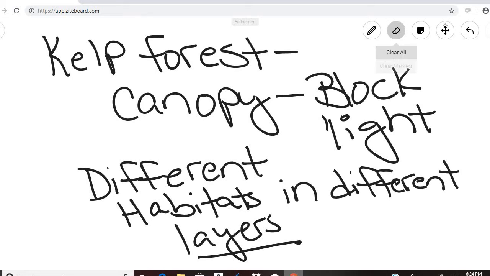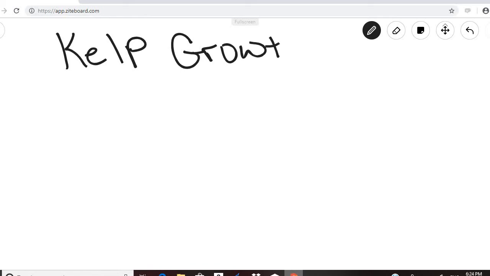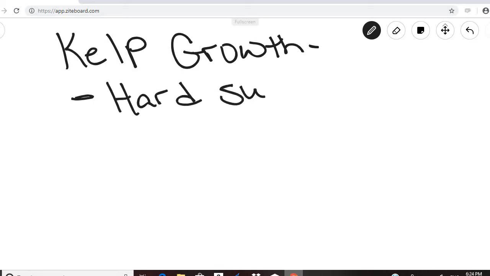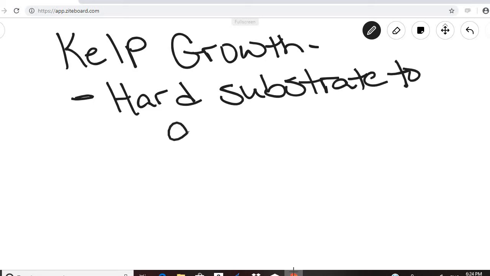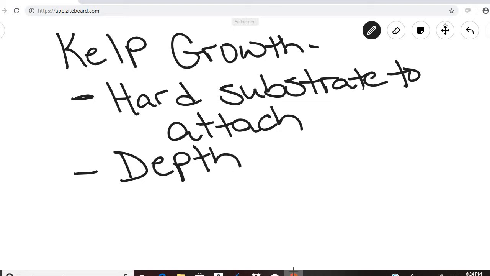So, in order for kelp to grow, you need a hard substrate for it to attach. And we said they do that with holdfast. It should grow at a depth where they can get enough light.